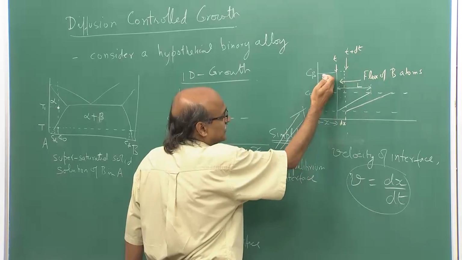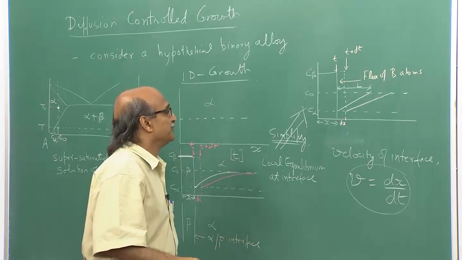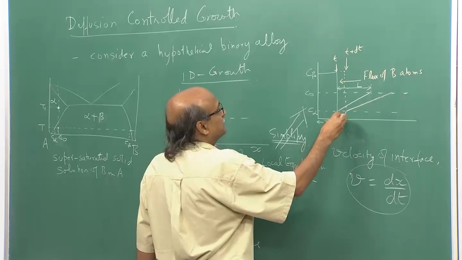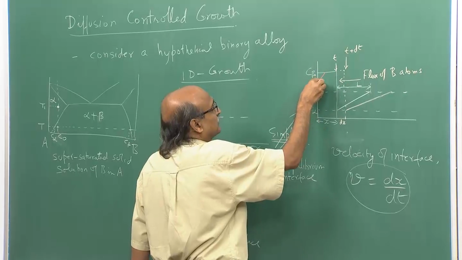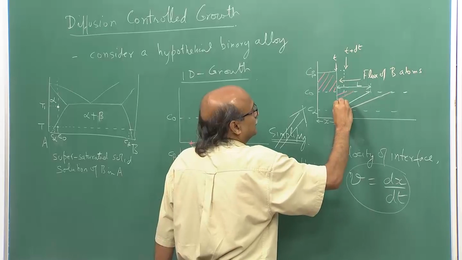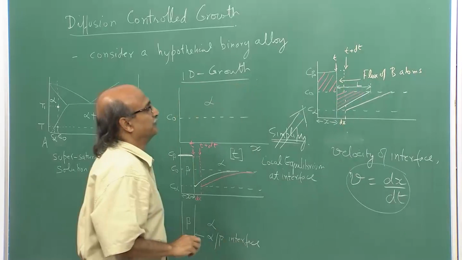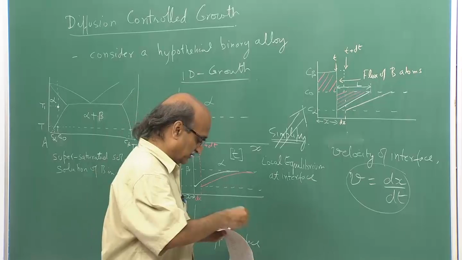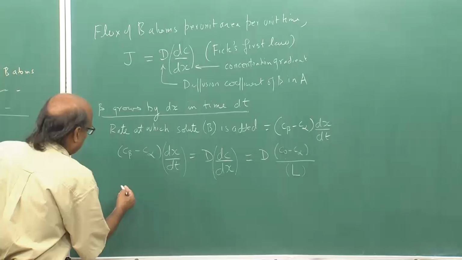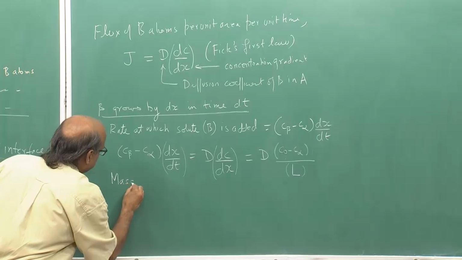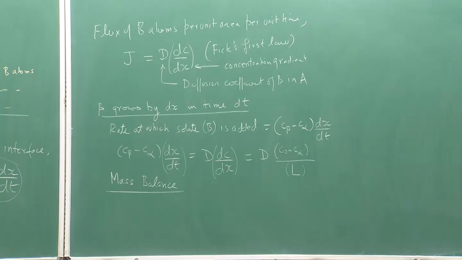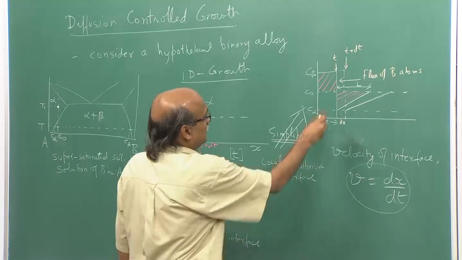So, if the concentration is increasing here, it is decreasing elsewhere, and hence if I look at this simple diagram, this area should be equal to this area for mass balance. So, from the simple mass balance idea, the two areas are equal.